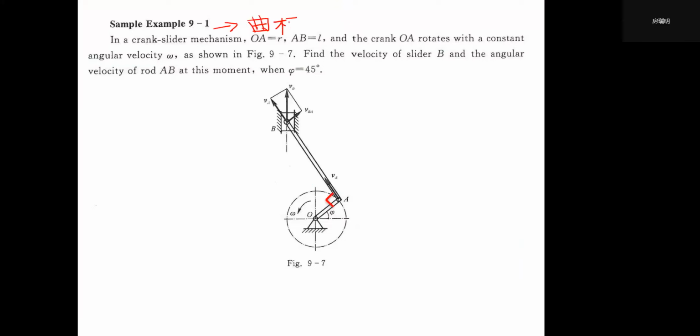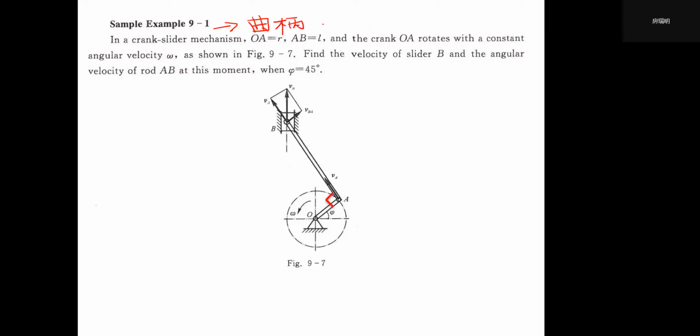What is 曲柄? It means it is a raised body. It can rotate around some point or axis through 360 degrees. And so we call that a 曲柄.